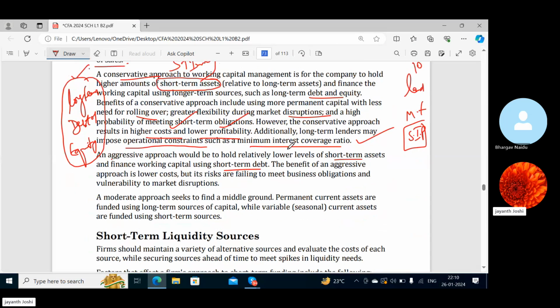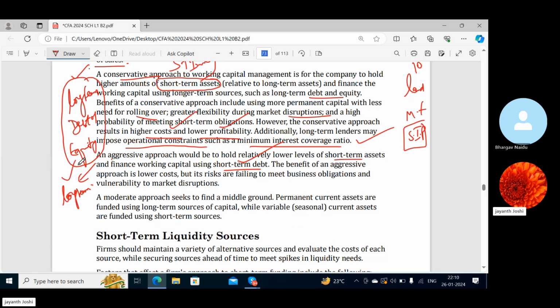But what about aggressive? They would hold lower levels of short term assets and finance the working capital with short term debt instead of long term debts, right? They are very aggressive, very risk taking people. They may hold more of long term assets.